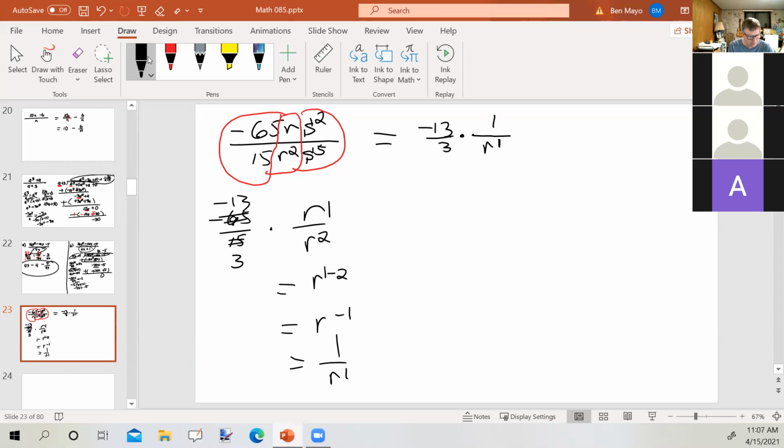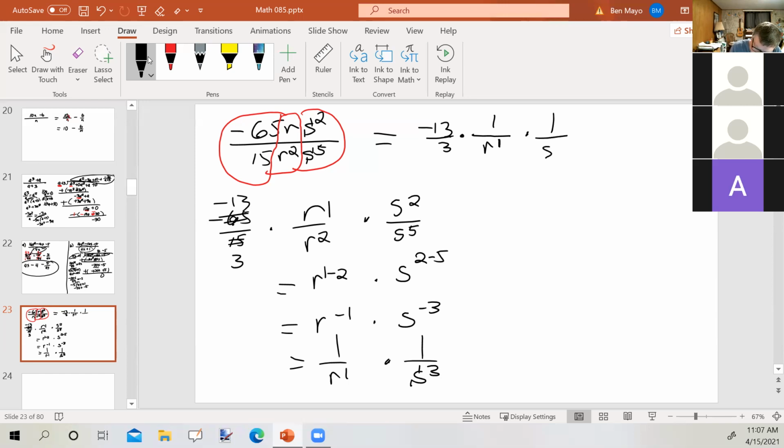So far, so good? Yep. And then s squared divided by s to the 5th power. That would be s to the 2 minus 5, top exponent minus bottom exponent, which would be s to the negative 3 power, which would be 1 over s to the positive 3 power. Are we okay with that?